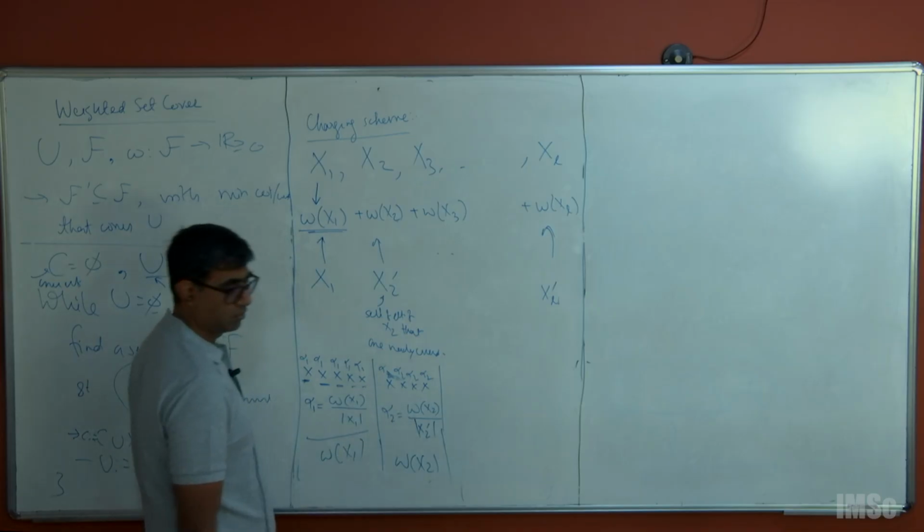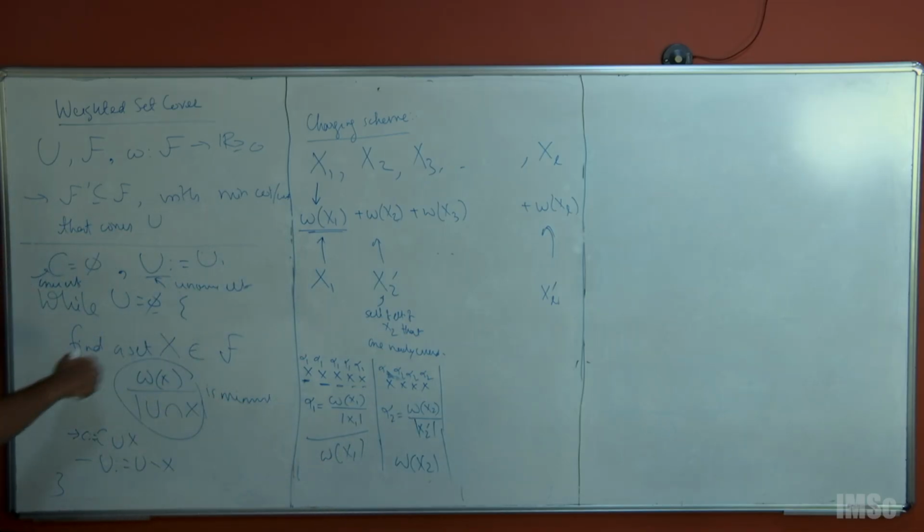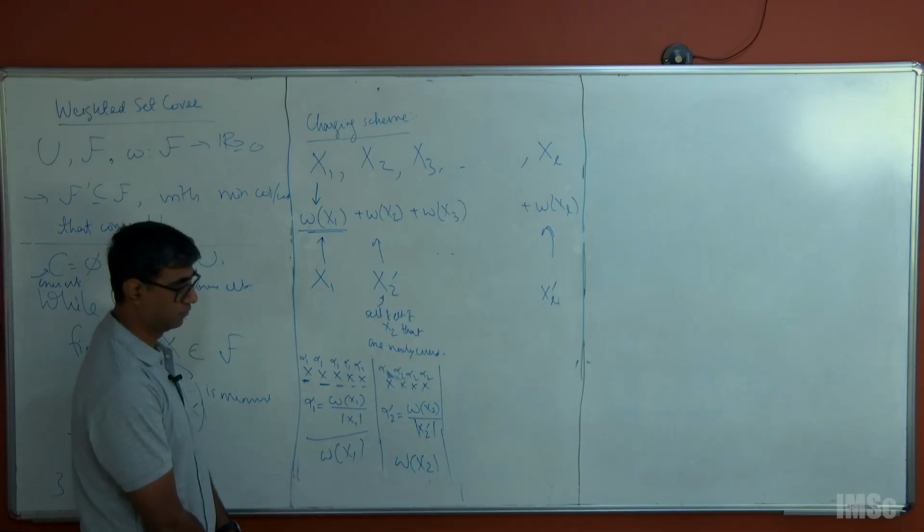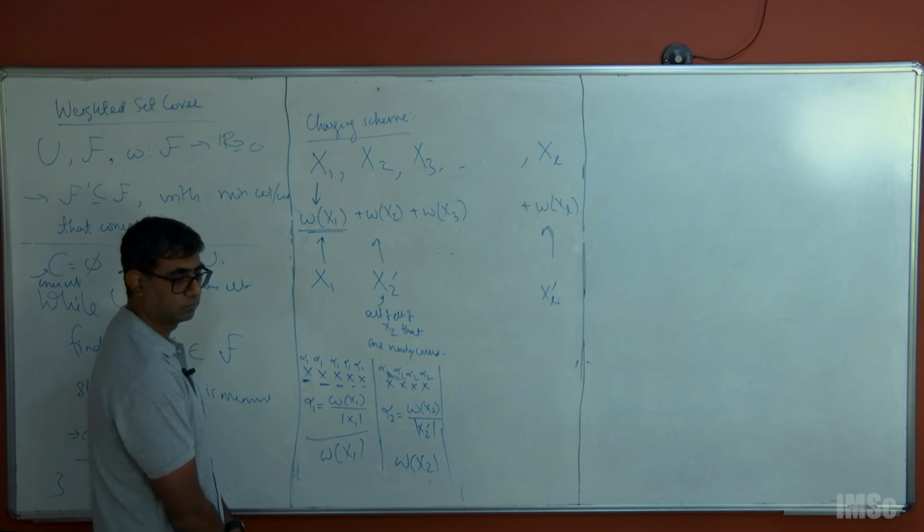Why? Think. It's written there, no? Tell me why the sum of this is not equal to weight of x2. Because we are choosing for x2 prime, right?